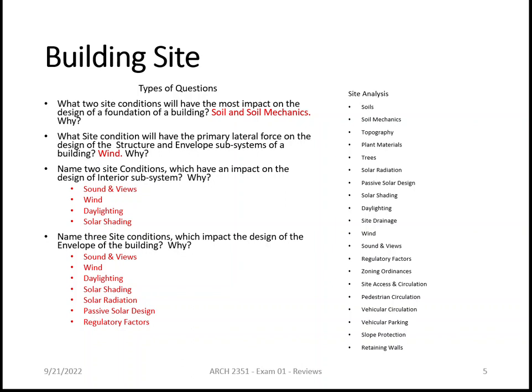It may not be just the interior subsystem. I may ask for envelope, as you see in that next question. Usually what I'll do is have a multiple choice question, and it'll say select all those that have an impact on this. So you're prompted to a certain degree.